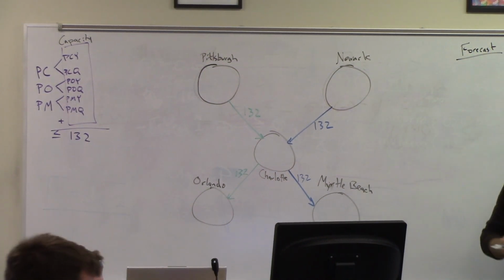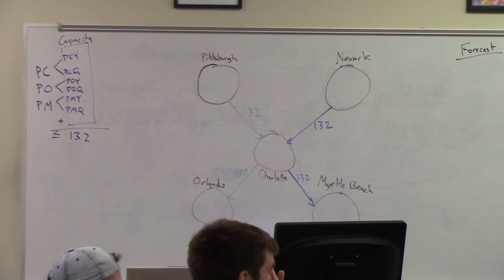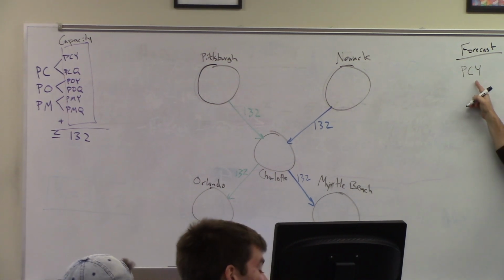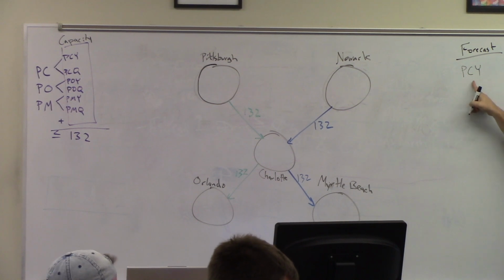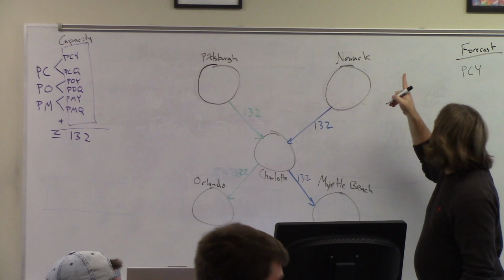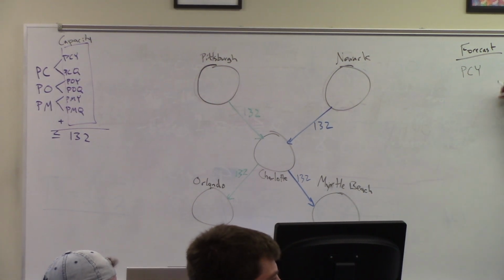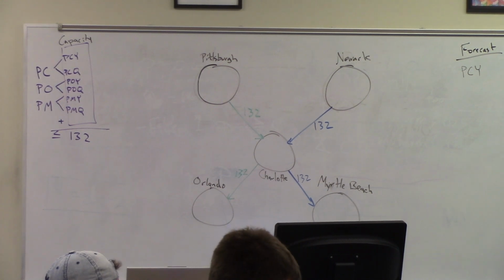And so some other program probably running on some other computer told you that we expect the number of seats that are going to be demanded for first class from Pittsburgh to Charlotte is going to be what? What was that amount? What's the forecast amount from Pittsburgh to Charlotte first class?